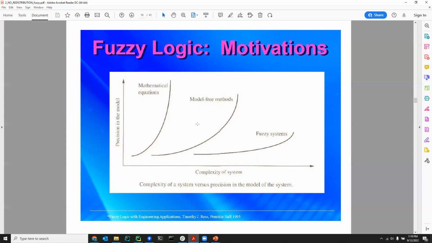You can also have model-free methods, which don't ramp up the precision nearly as high, and fuzzy systems, which keep the precise statements relatively minimal as the complexity of the system increases.